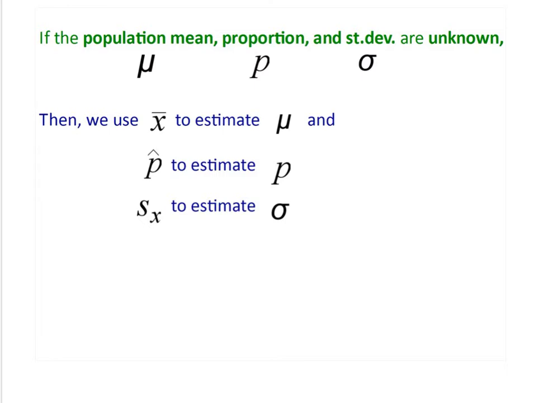So just to review, if the population mean, proportion, and standard deviation are unknown, like I did in the last example, we're going to use x bar, p hat, and sx to estimate the parameters: the mean and standard deviation. This is review of last class, but we're going to use this specifically today.